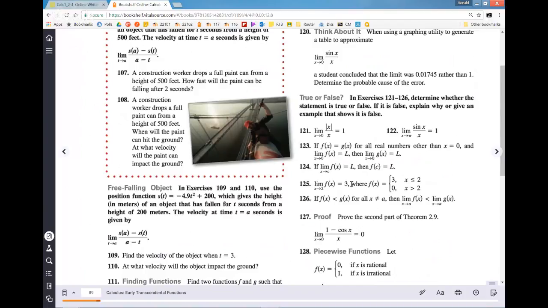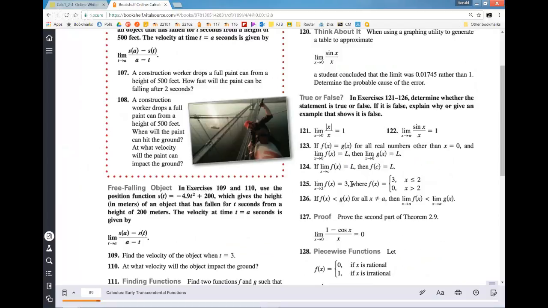number 124. If the limit of f of x as x approaches c is L, then what's f of c? Is that L? And the answer is not necessarily, because you might have a function, as you well know, where there's a hole right at that value, and it still has a valid limit, but because of the hole, it doesn't have a function value there.